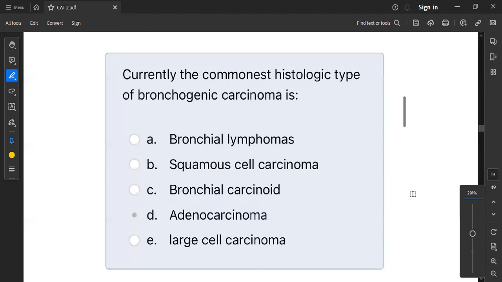Now the next question, 20. Currently, the commonest histologic type of bronchogenic carcinoma is? Someone says squamous cell carcinoma. It's a good try.